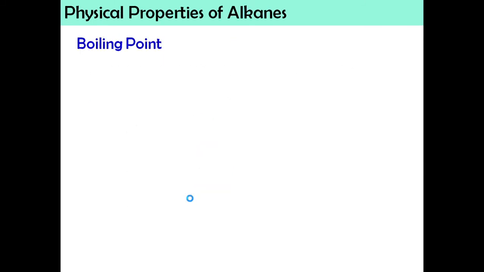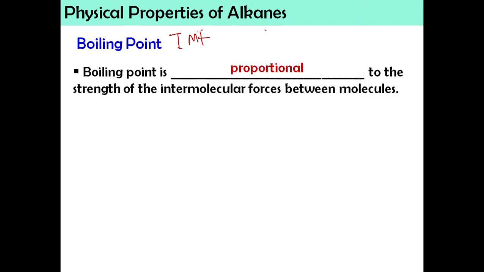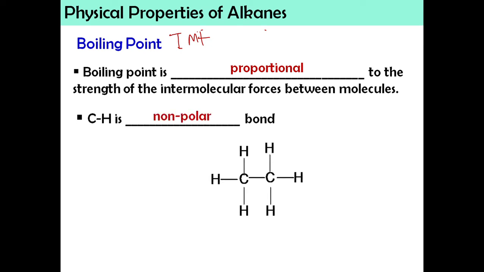Okay, so we want to look at boiling points, actually very closely related to the concept you already learned in SEM 1. Okay, because for boiling point you must recognize the intermolecular force. Okay, so boiling point is proportional to the strength of the intermolecular force between molecules. Okay, for alkane, the CH bond is a non-polar bond.